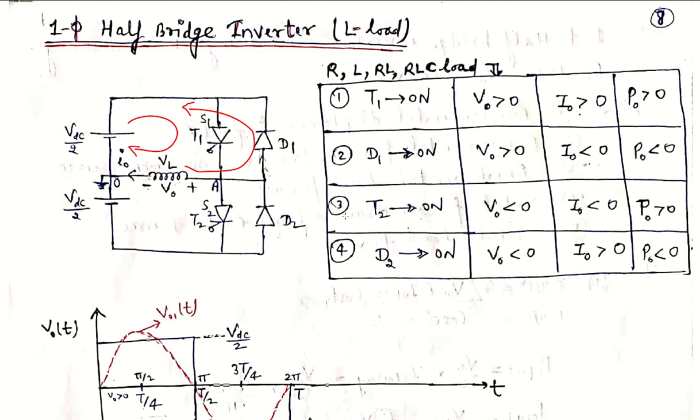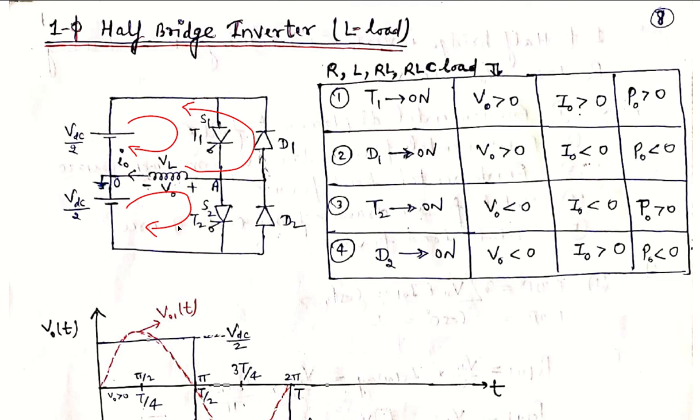And now we will apply gating pulses for the thyristor T2. If gating pulses are applied for the thyristor T2, see, the current will be flowing like this, because the thyristor is a unidirectional device as well as the diode is a unidirectional device. So this polarity makes the diode reverse biased, so it is open.